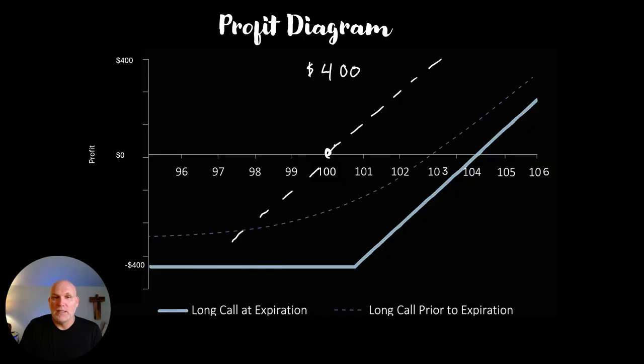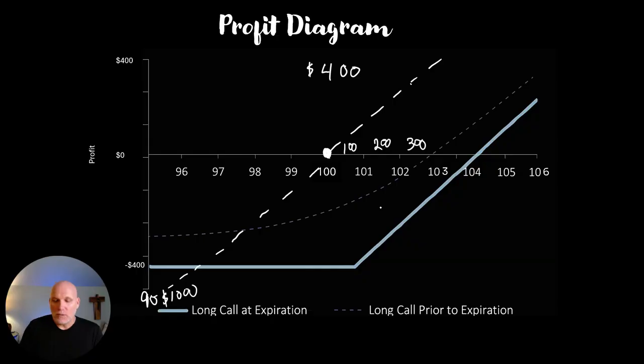This is a $10,000 investment, by the way, because I'm buying 100 shares. So if it moved up to 101, this is a $100 profit. This is $200 profit. This is $300 profit. So I'm buying, it goes up $3, great. I made $300. The inverse is true. If it goes down by $3 or $4, I'm going to lose. If I go all the way down to say $90, I'm going to lose $1,000.